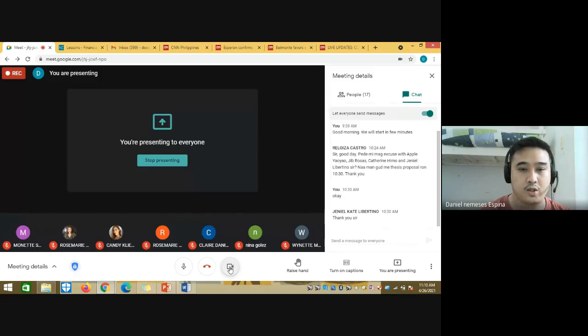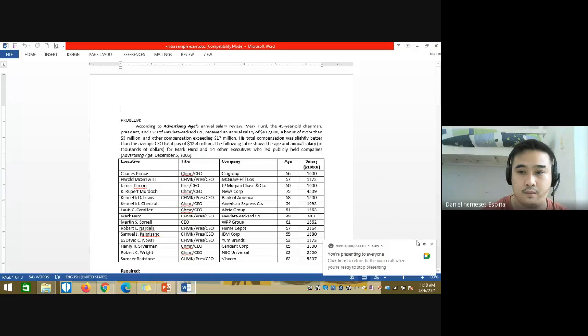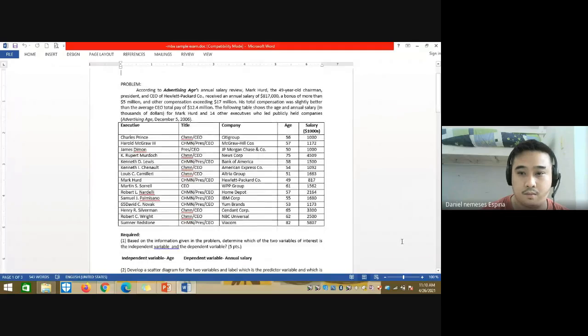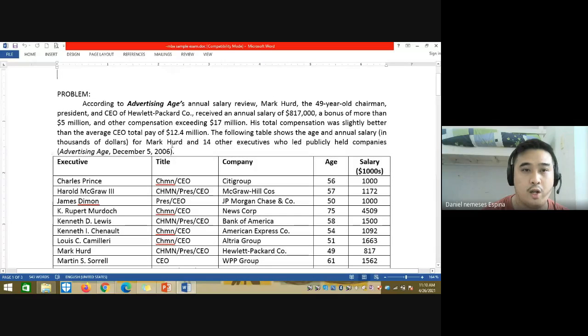Okay, so let's go back. So let's have a sample of results of correlation. Here's a sample problem. According to Advertising Age, annual salary.